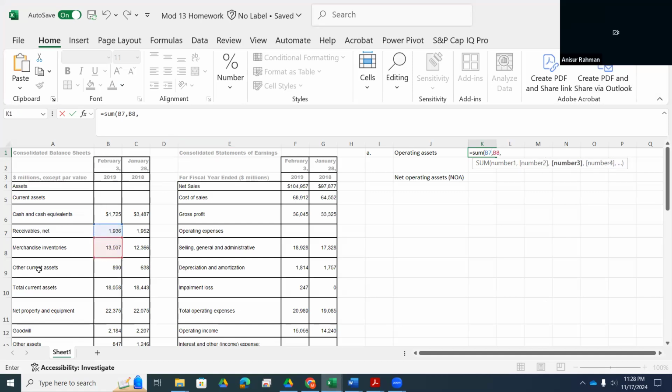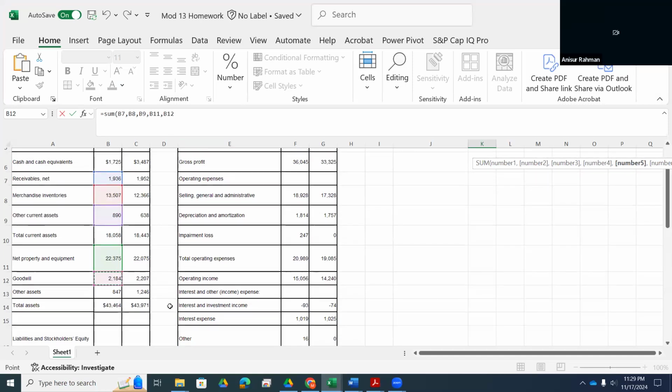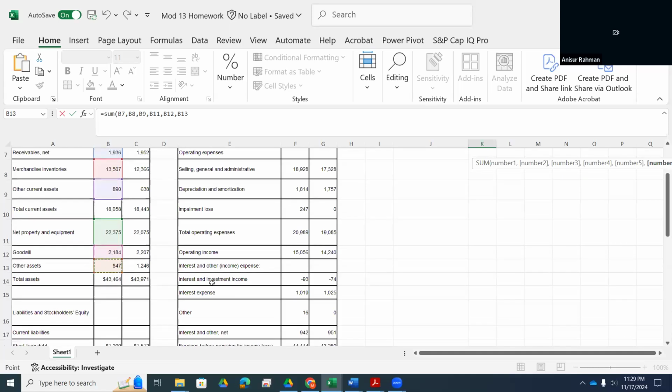Inventories, yes, comma. This is other, yes, because we don't have any footnote that says it is non-operating. Comma, property, plant and equipment, yes. Goodwill, yes. Other assets, yes. So these are all operating assets.